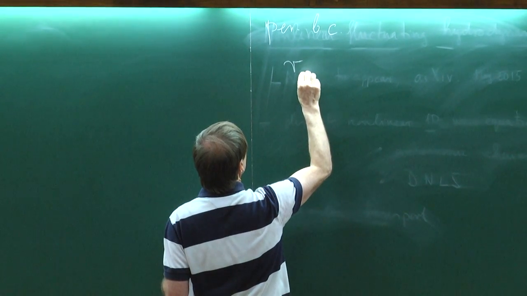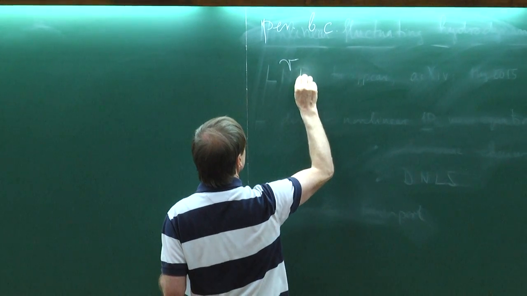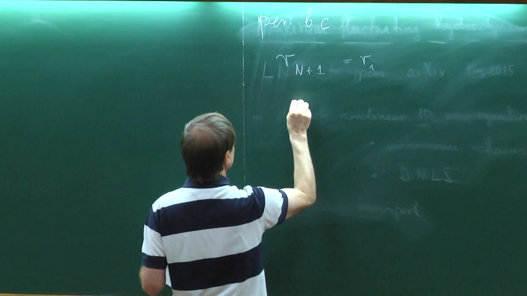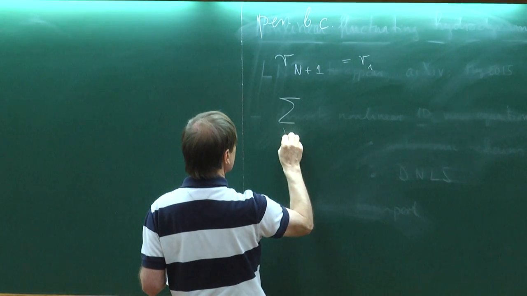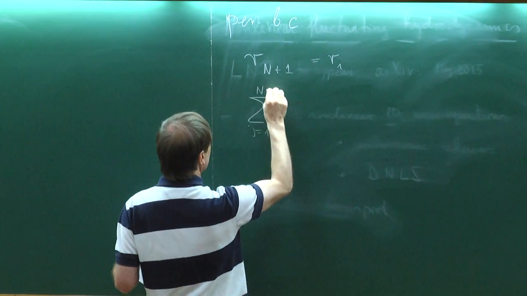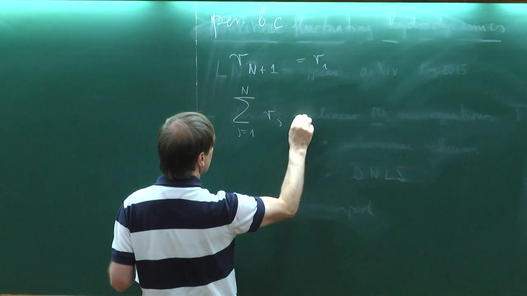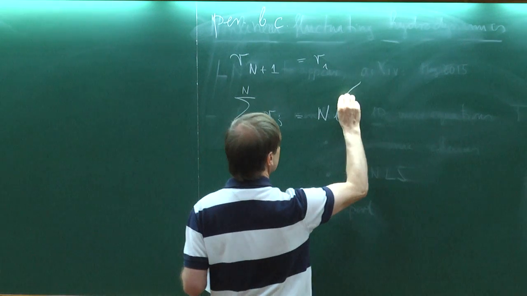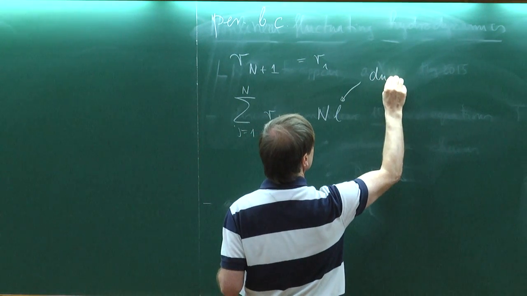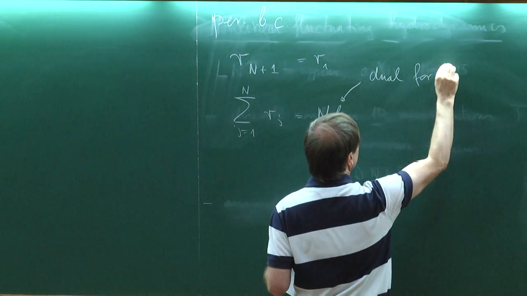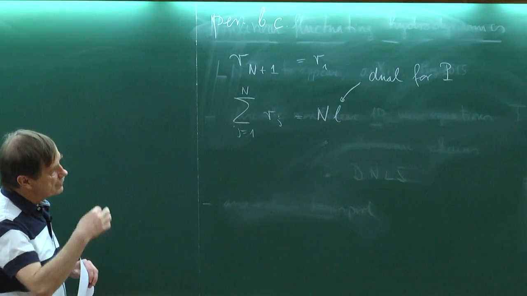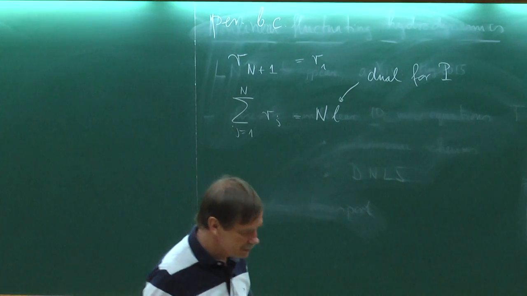So now I'm thinking of doing a microcanonical ensemble, and I want to impose these boundary conditions. Okay, so R_{n+1} is equal to R_1. And now I want to impose the microcanonical constraint, which would be the sum over j equal 1 up to n of R_j equal to n times L. So this would be dual to the pressure, right? And now I just want to think of what this actually means in the actual positions.